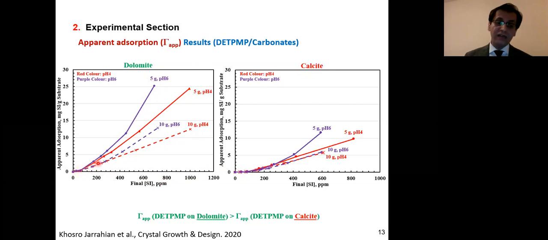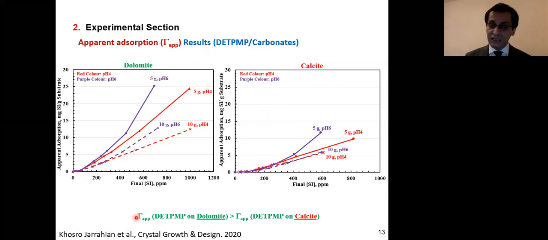And above 100 ppm, the lines start to deviate from static adsorption, which means, as I already mentioned, the retention mechanism is changing to coupled adsorption and precipitation. And interestingly, the amount of apparent adsorption of DETPMP on dolomite is higher than on calcite, although dolomite is less geochemically reactive than calcite.